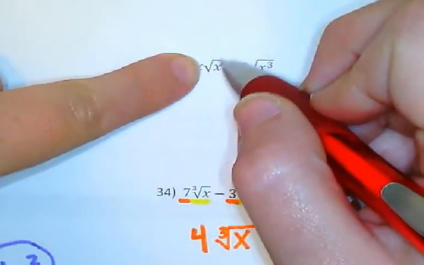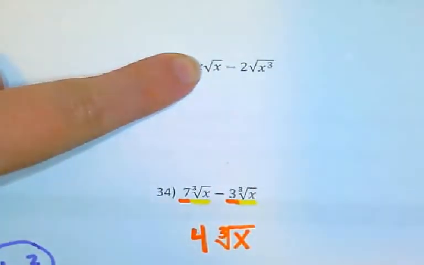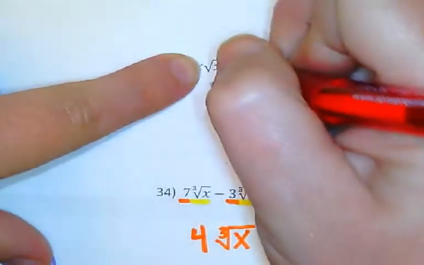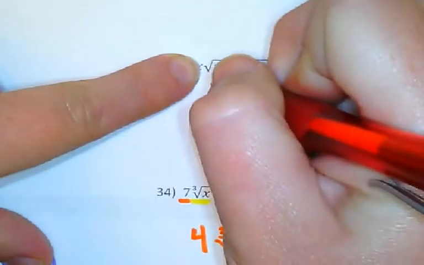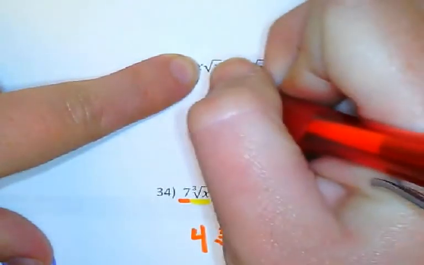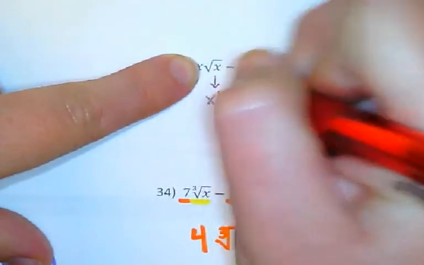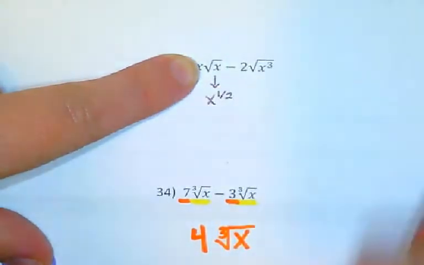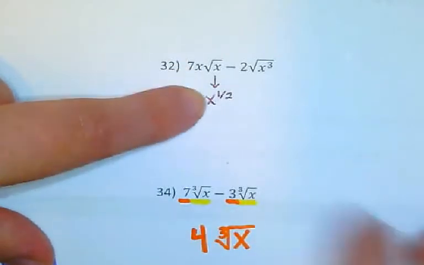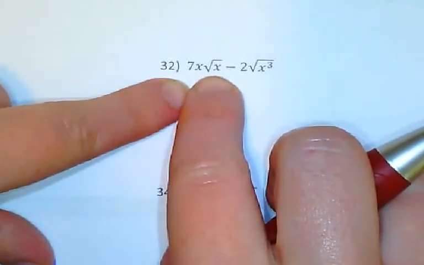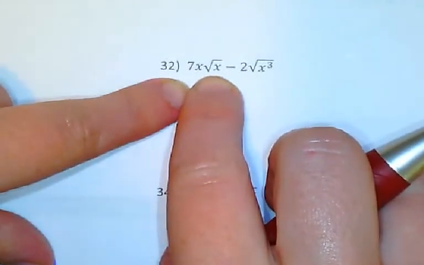This square root of x, can I simplify that? If I put it in exponential form, this is x to the first, and then in the denominator we'd have a 2, because this is the square root. That's our root. So I can't simplify that. I would leave it just as 7x square root of x.